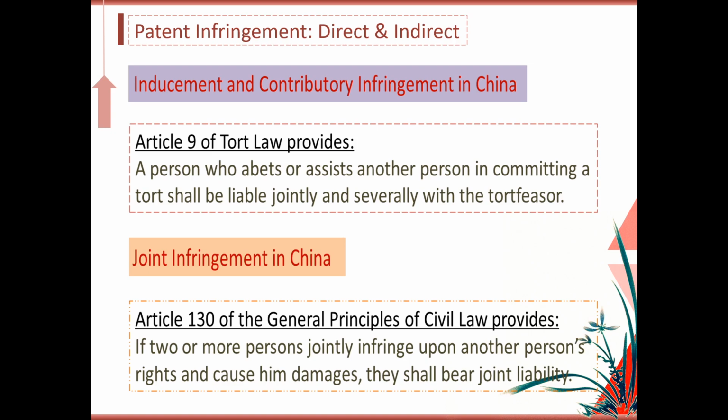So the direct infringer and indirect infringer are held liable following two separate lines of liability rules. But under joint tortfeasorship liability rules, Party A and Party B are jointly liable for the doing of the wrong things.